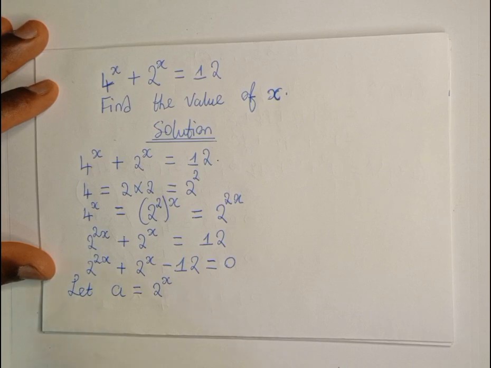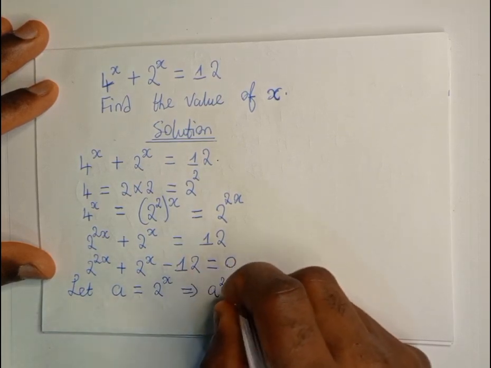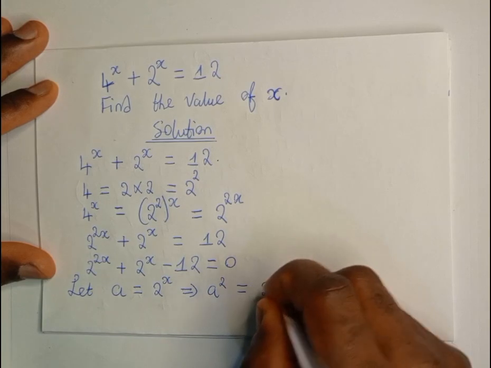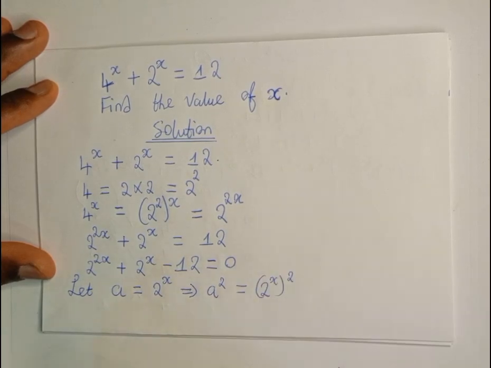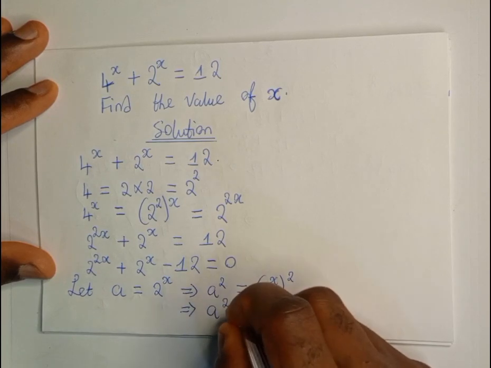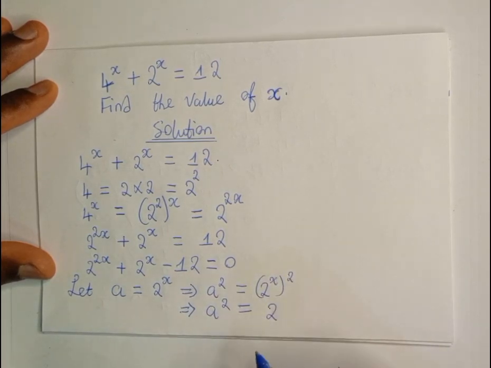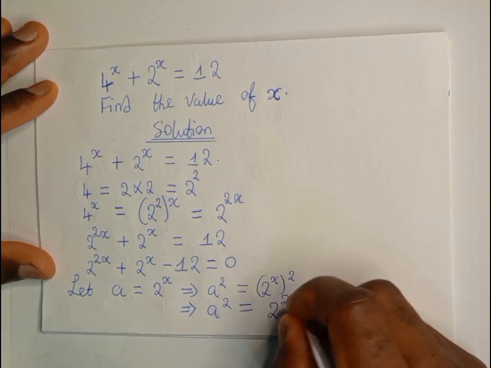The next step, if we square both sides, then a squared will be equal to 2 raised to the power x, all this squared. Then a squared will simply be equal to 2 raised to the power x times 2 gives us 2x.